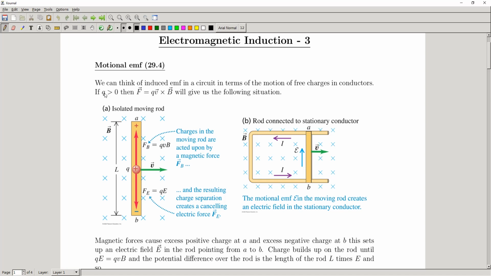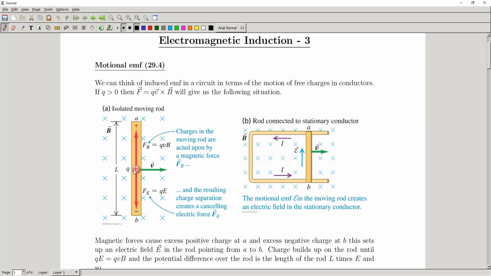Then we know that the magnetic force experienced by that charge is given by this expression that we have here, right? And we're looking at this setup here. So we have a magnetic field that's going into the page. We have our positive charge sitting on our conducting rod here. And so let's say we start to move this rod to the right with some velocity here.